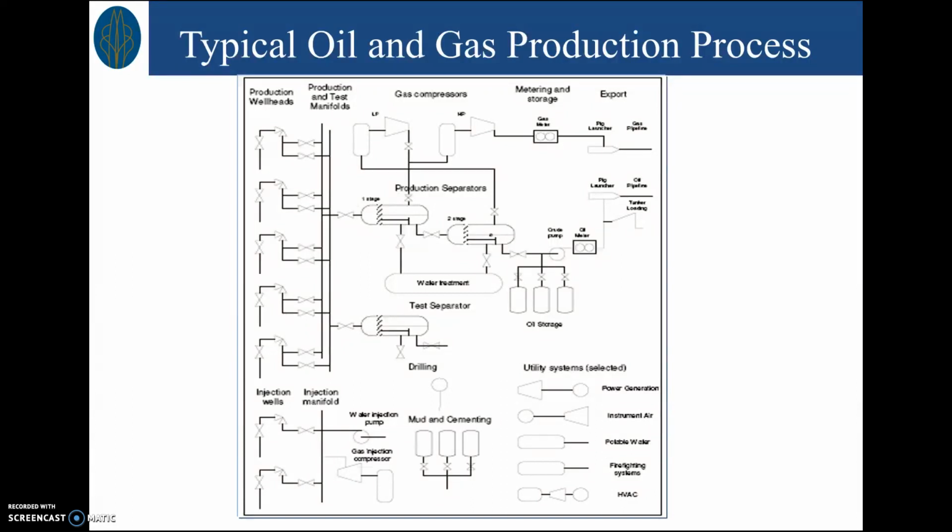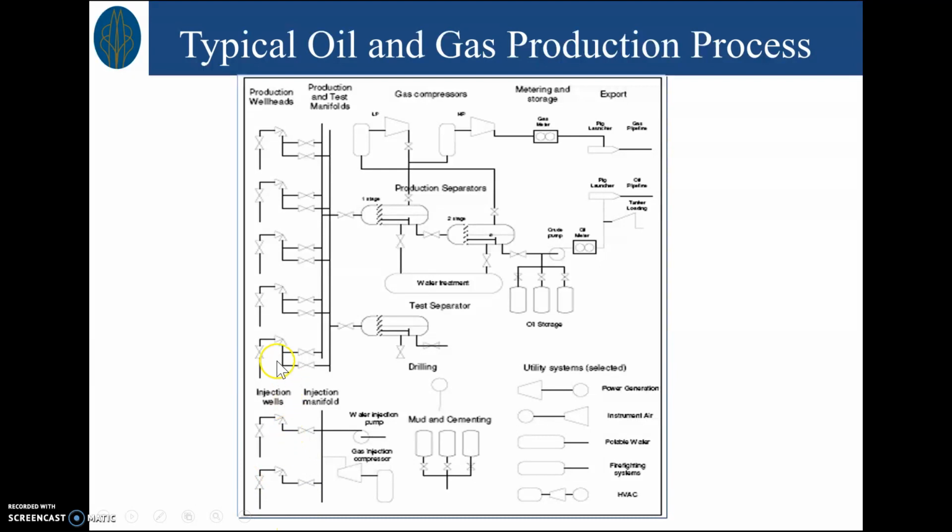Before starting to speak about the different components that compose the production system, we can take a look at a typical oil and gas production process. This is considered a simple production facility. Here we can see about 5 producing wells and 2 injection wells.